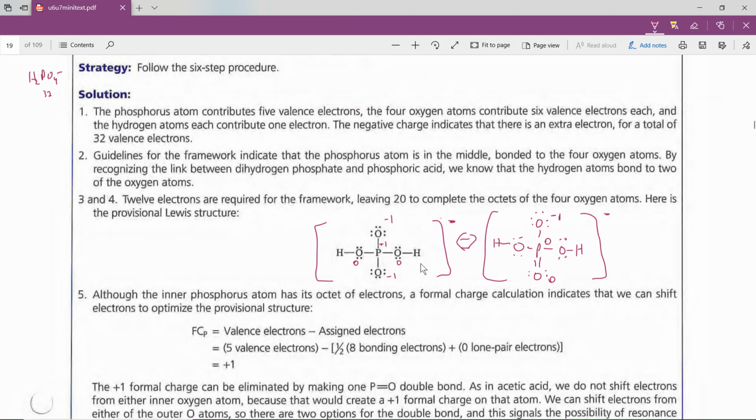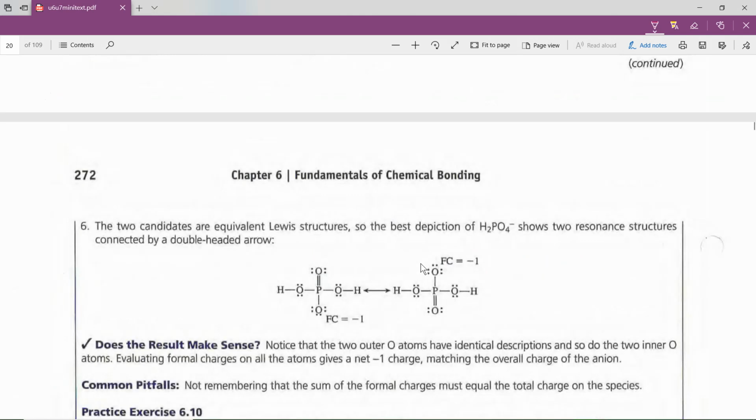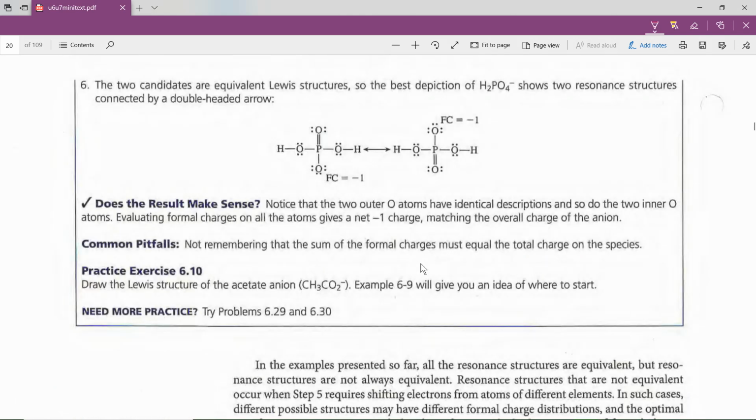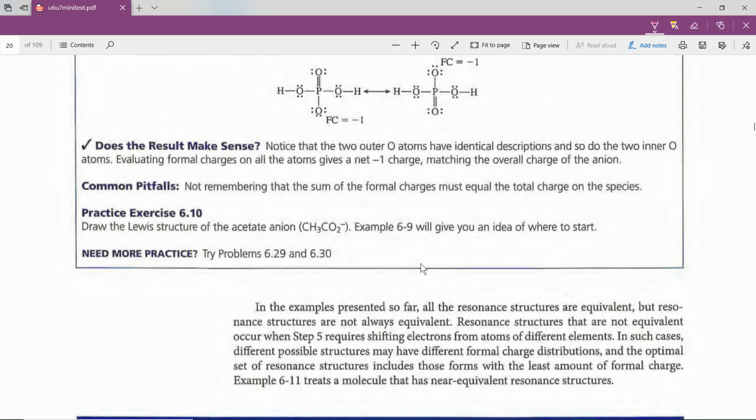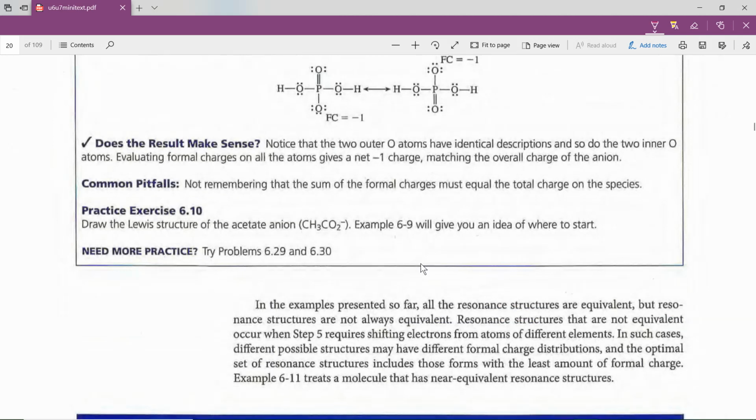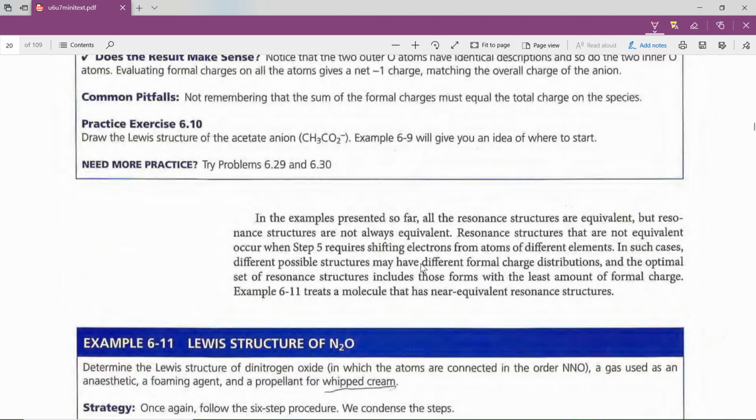Okay, and you can try the acetate anion on your own, and one of them will have formal charges less than the other, and that'll help you get the resonance structures for that.